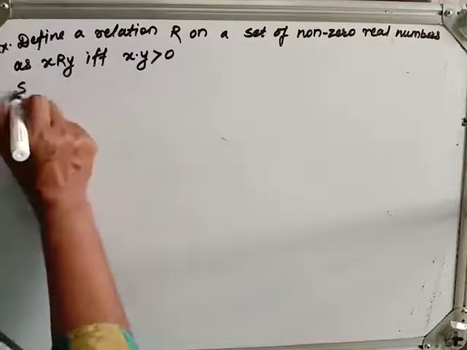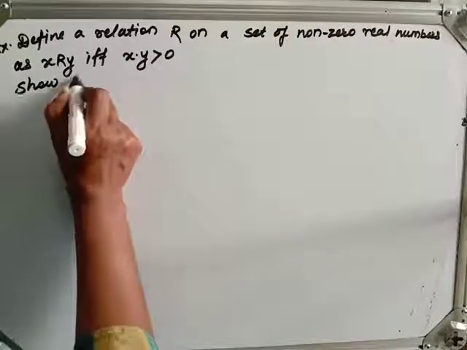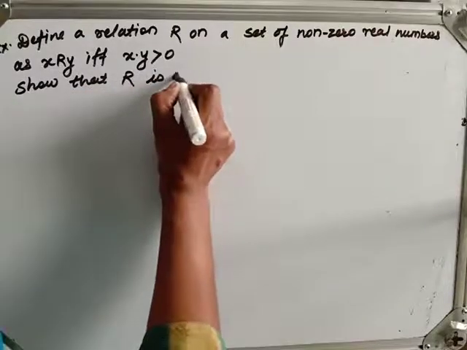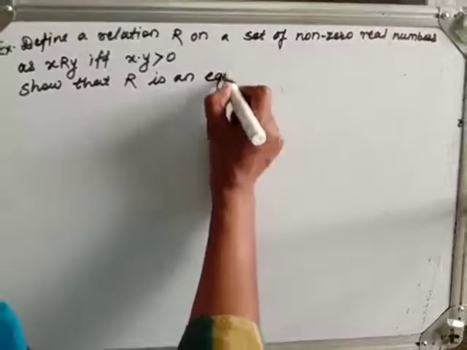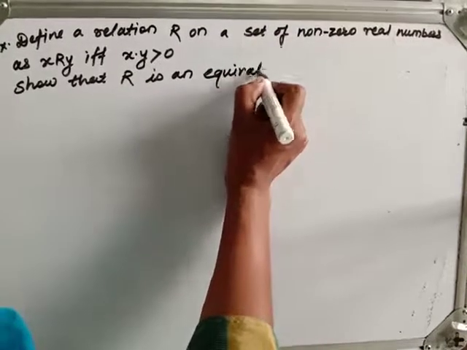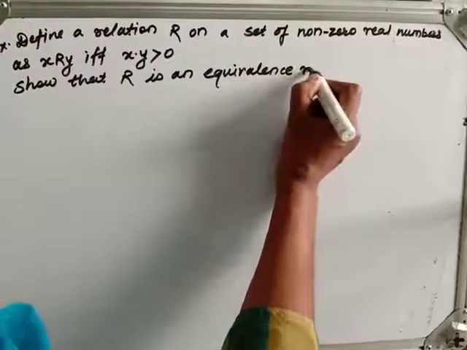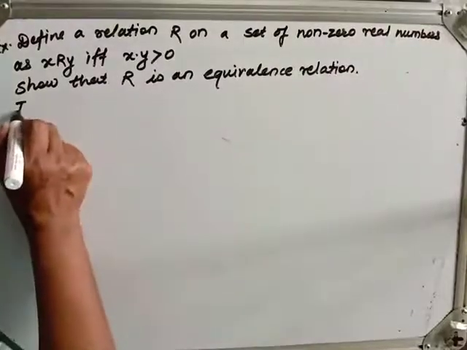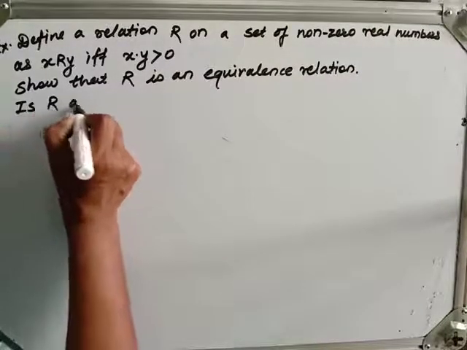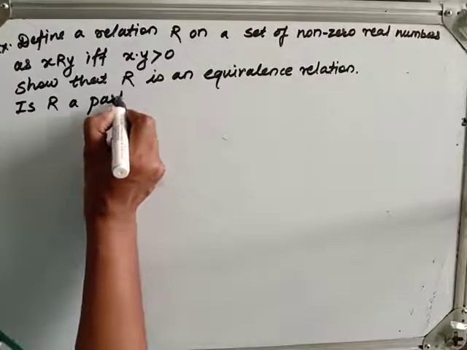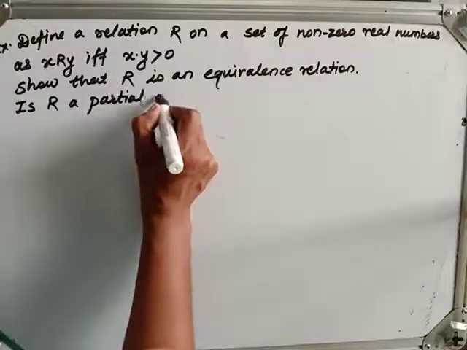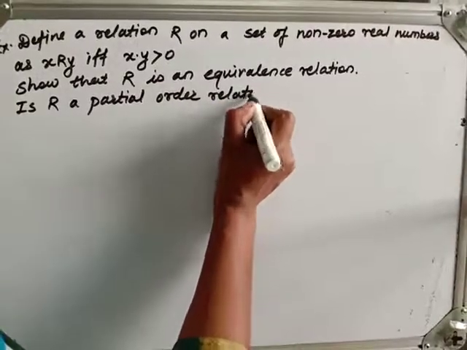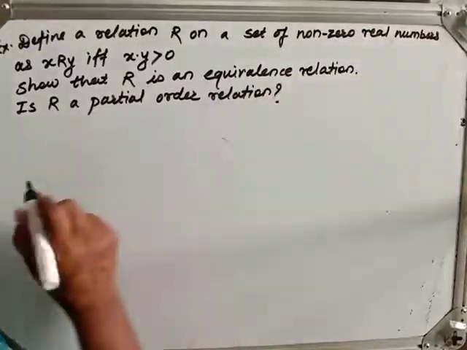So we have to show that R is an equivalence relation, and also we have to check: is R a partial order relation or not? That is the question.